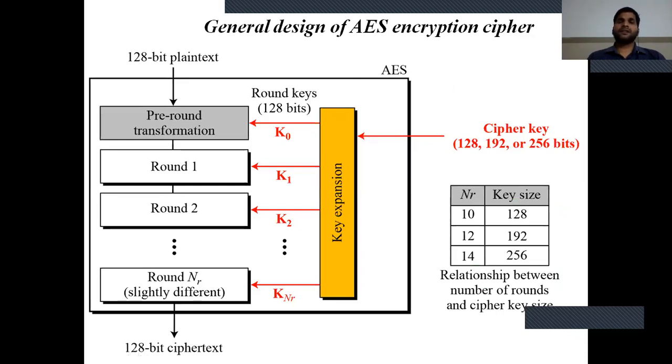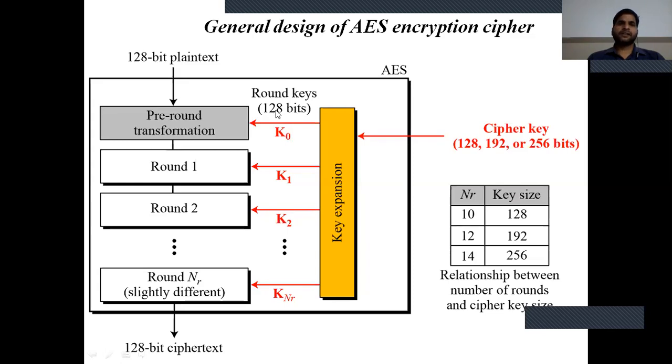So this is the general design of the Advanced Encryption Standard cipher. A 128-bit plaintext is input to AES encryption. First is the pre-round transformation, using key K0, whose size is 128 bits.